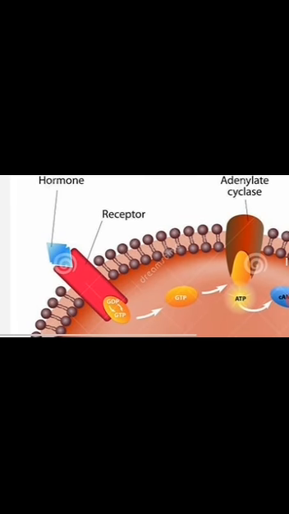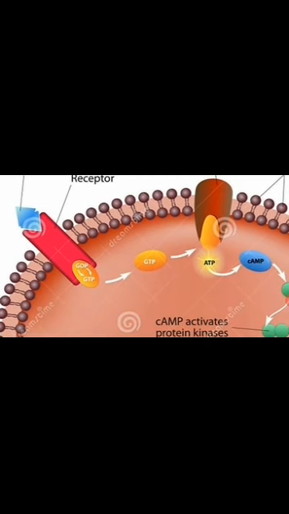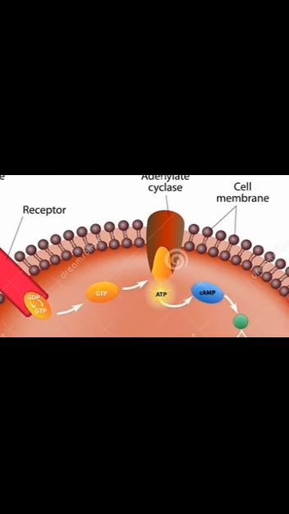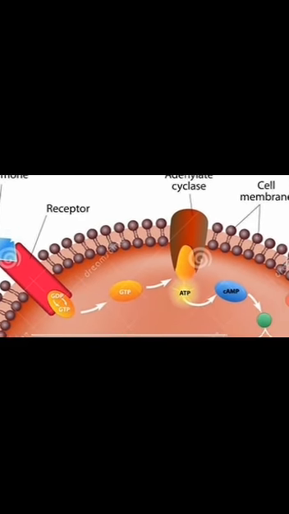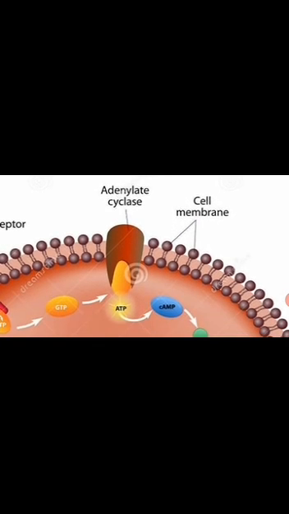So the hormone-receptor complex gets formed over here. Then GTP, guanosine triphosphate, gets formed, and due to this complex, it stimulates the formation of the enzyme adenylate cyclase.